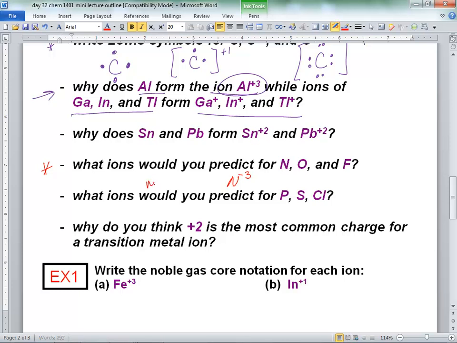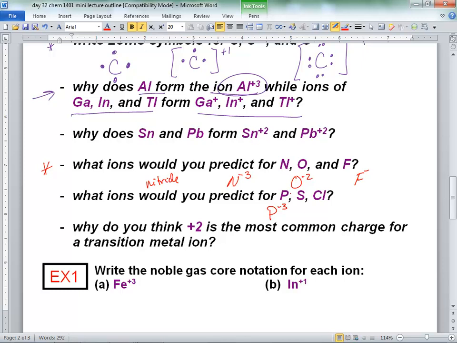Nitride. Yeah. How about oxygen? Oxide. Daisy, what was the charge? -2. Fluorine, everybody. F with a minus, and it's called fluoride. How about phosphorus? -3.